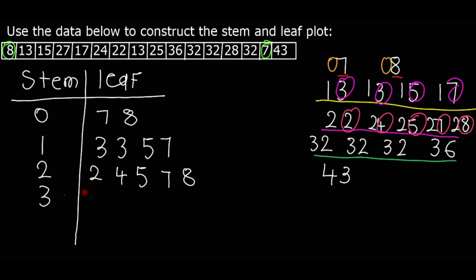So this is 3, it's 2 2 2 6, so it's 2 2 and 6, and then the last one is 43 kongala 4, and then the leaf yaba 3.